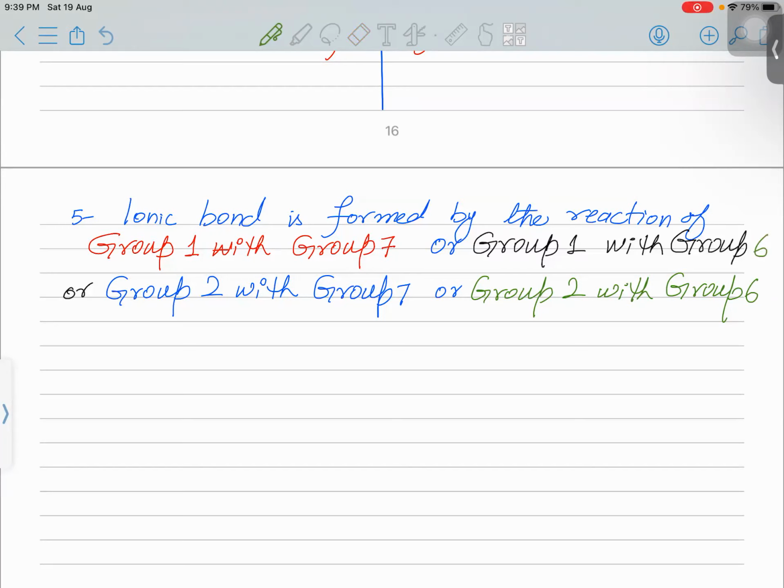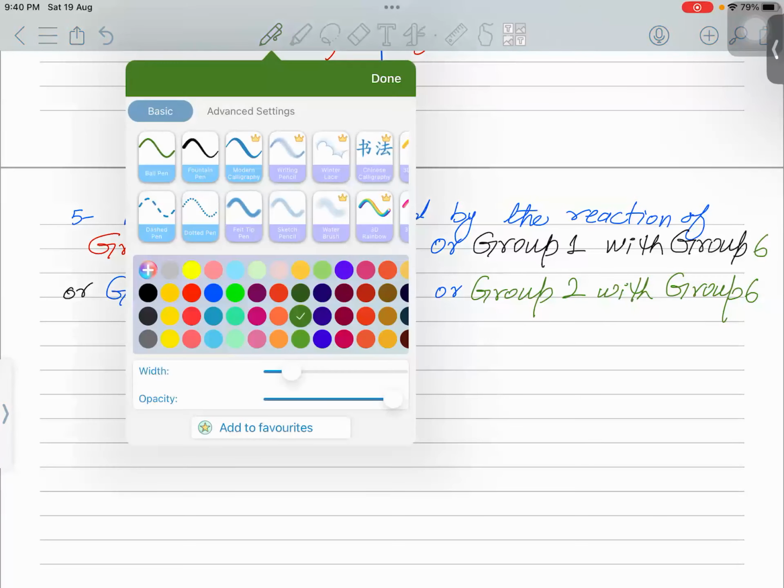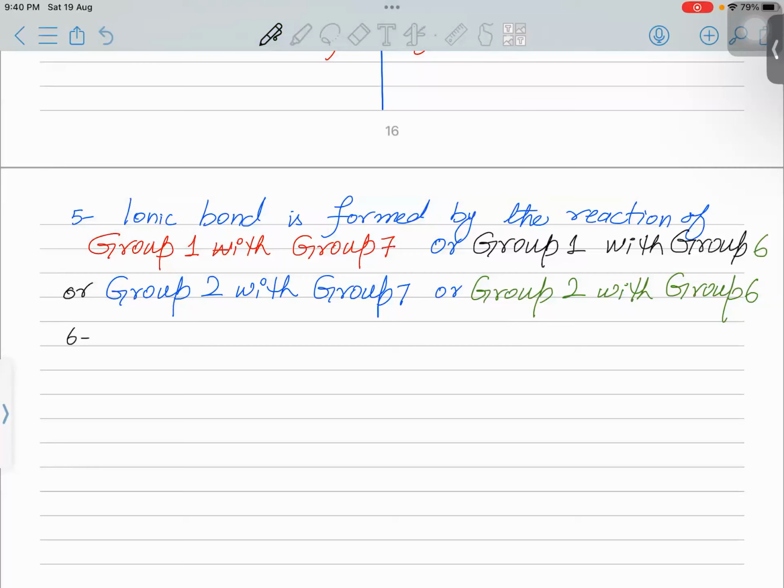Group 1 with group 7, group 1 with group 6, group 2 with 7, group 2 with 6. Or you can say point number 6: metal plus non-metal is equal to ionic bond. This is very important.